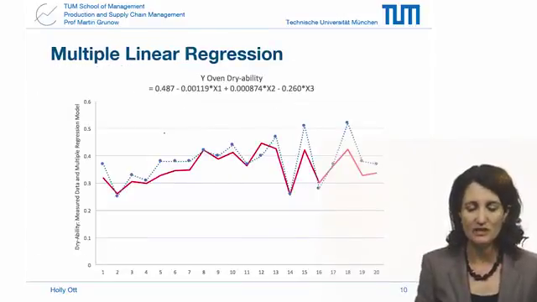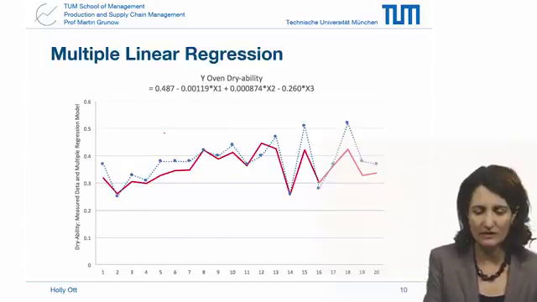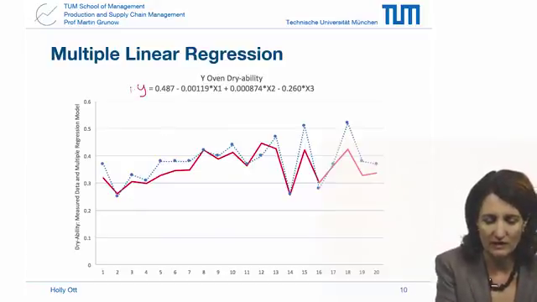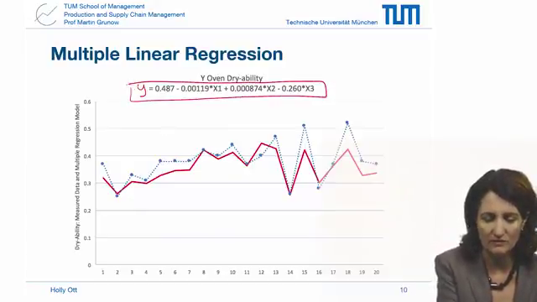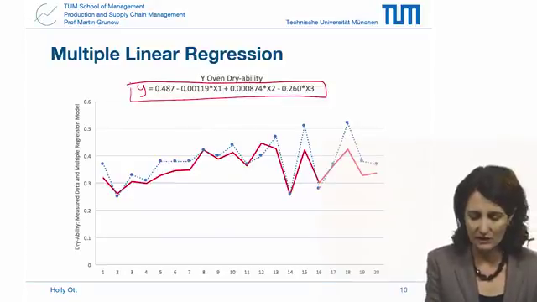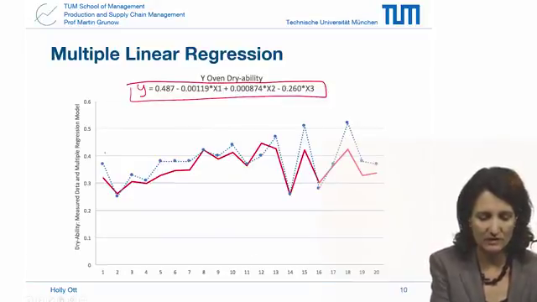And if we look at a picture of this, here's the equation: y, the dryability, is equal to this long equation. And here we had 20 different data points. These are the data points here in blue, the xy pairs.